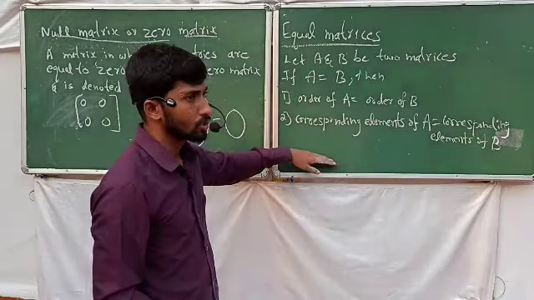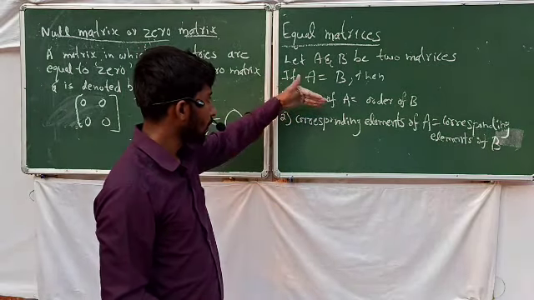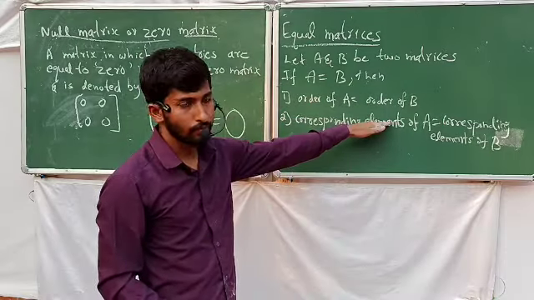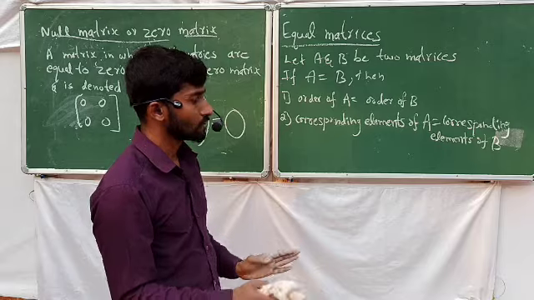Whenever these two conditions hold, we say that matrix A is equal to matrix B. First, the order of A must be equal to the order of B. Second, corresponding elements of each matrix must be equal.